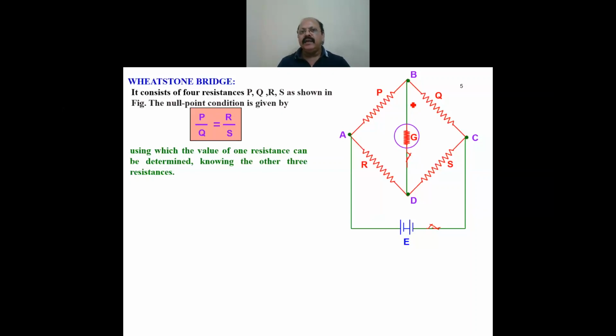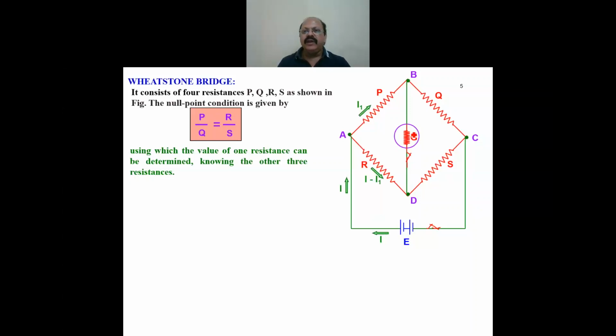In that condition, P upon Q equal to R upon S, because the potential difference between B and D becomes 0. So that condition is known as balancing condition. So the Wheatstone bridge gets balanced when P upon Q is equal to R upon S. And this Wheatstone bridge is used to determine one resistance if we know the value of the three resistances.